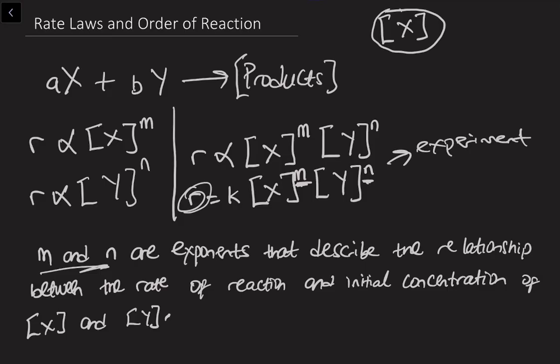What happens is, in the lab, if you have X and Y as both reactants, you will change first of all only the concentration of X and see how that impacts the rate of reaction, and then you change only the concentration of Y and see how that impacts the rate of reaction. And we'll take an example to see that.